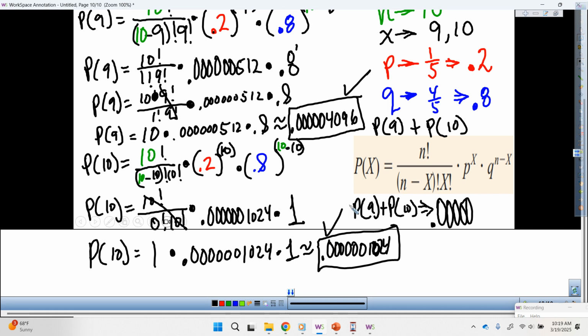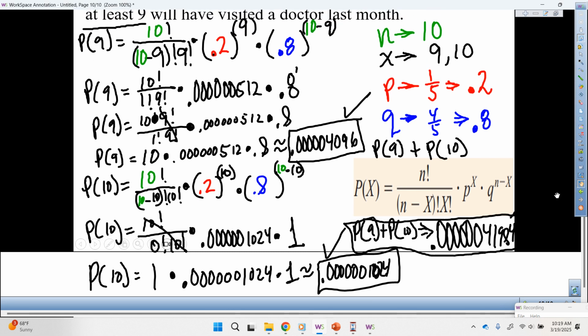So you're adding this one with this one, and that gives us, Max, what you get? 984. Woo, that's a lot of work. There you go. Yeah, it's just computation, yes?